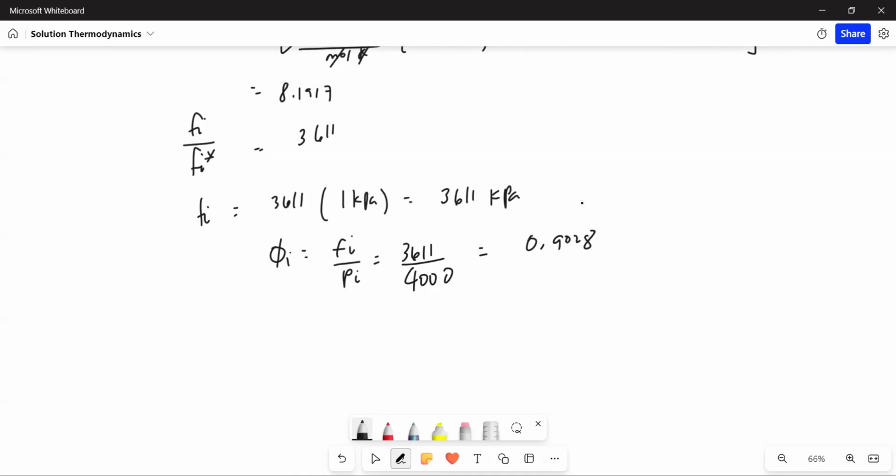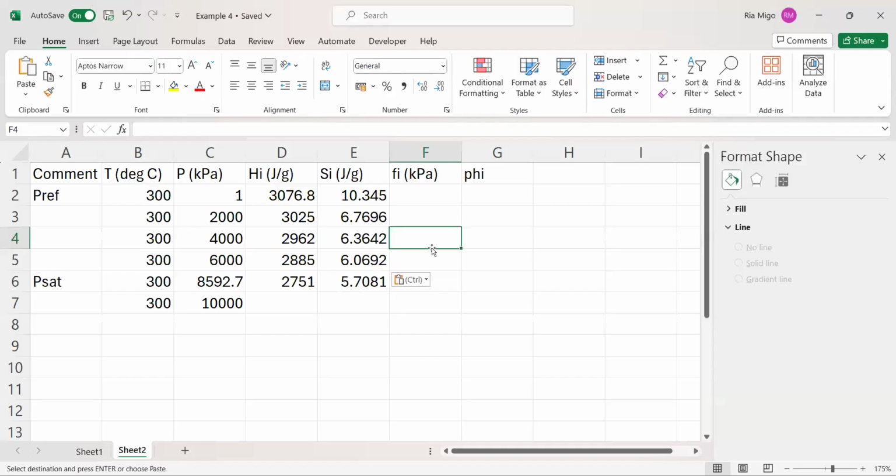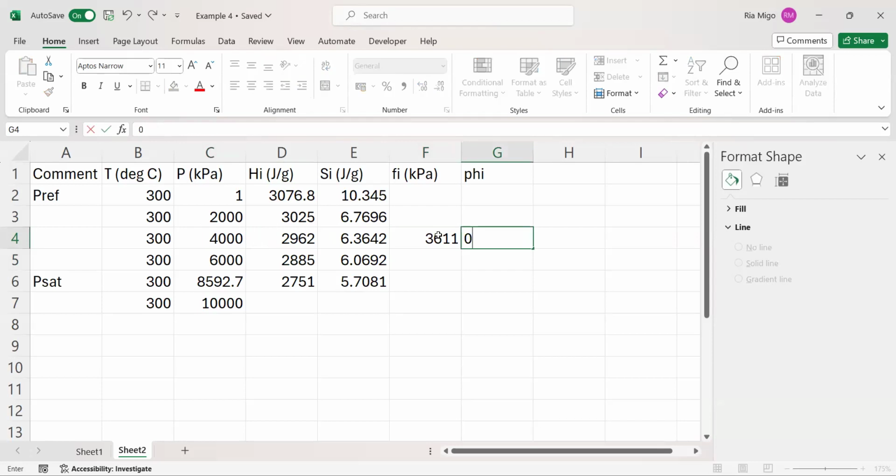And now we type it. At 4,000, fugacity is 3611 and phi is 0.9028.